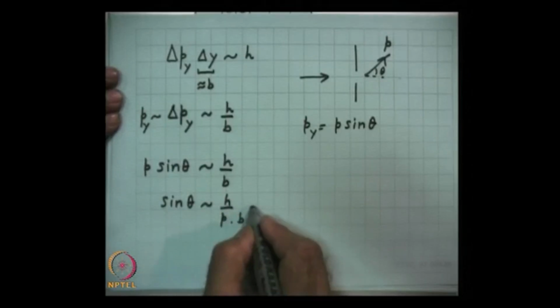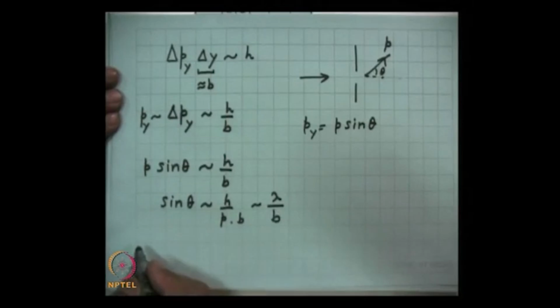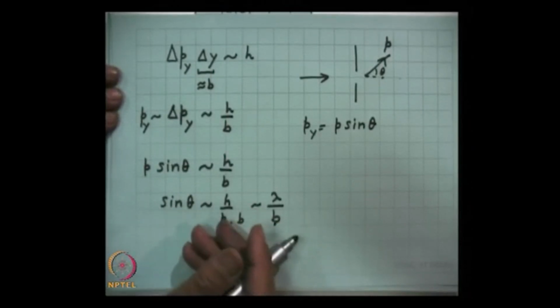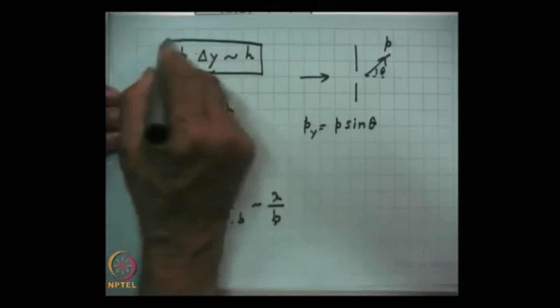H by p is the de Broglie wavelength, so lambda by b. The smaller the value of b, the greater will be the diffraction, and so that is consistent. The smaller the value of b, the greater will be the momentum imparted in the y direction. So all our results are consistent with the uncertainty relation.